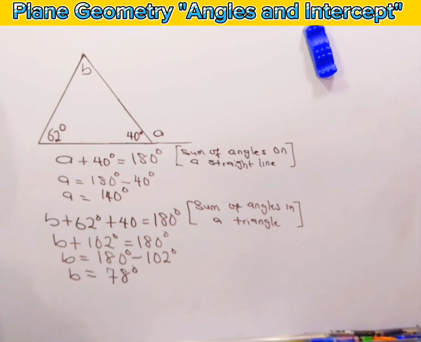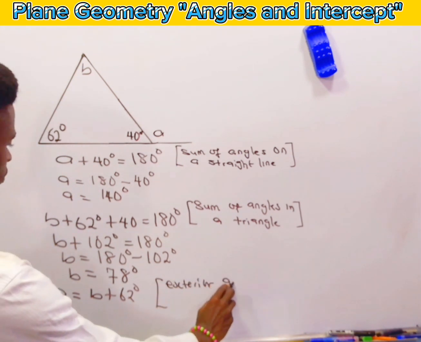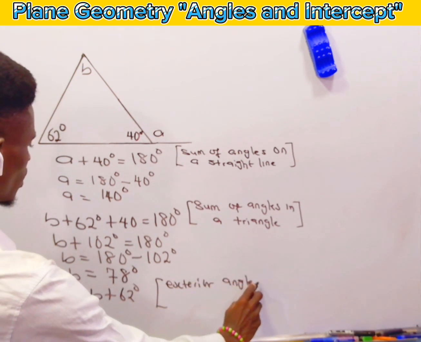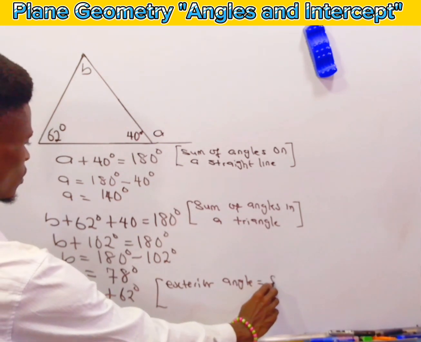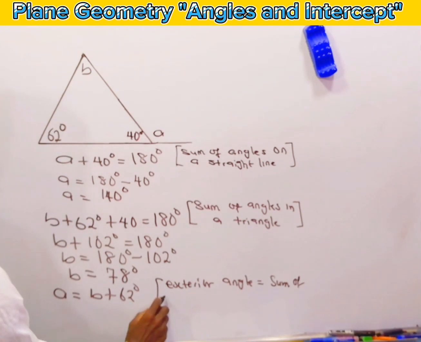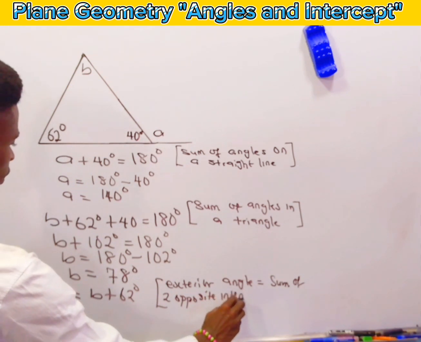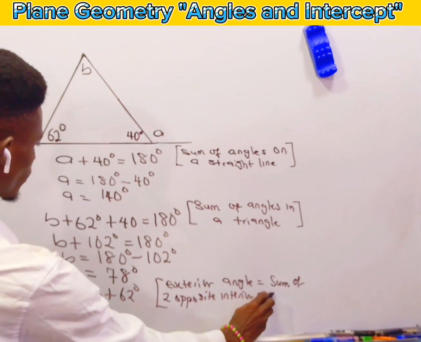The second method, we can say A is equal to B plus 62 degrees. Reason: exterior angle equals sum of two opposite interior angles.